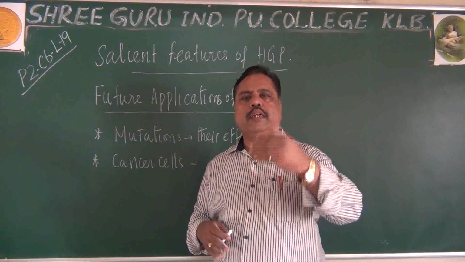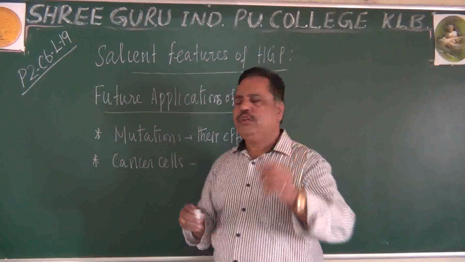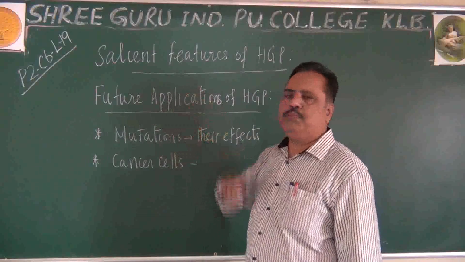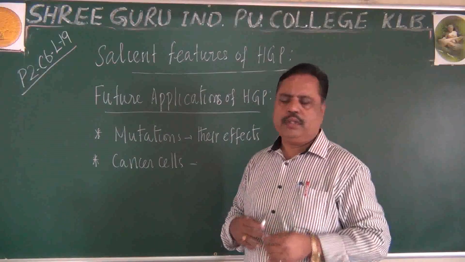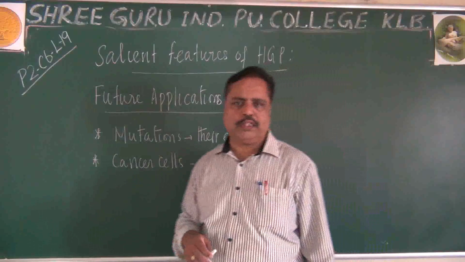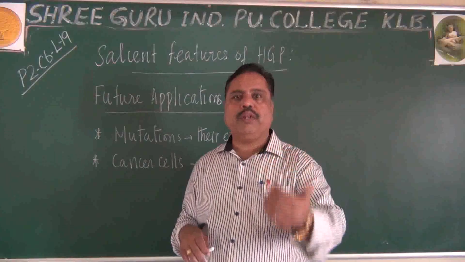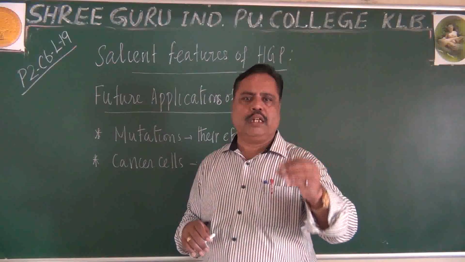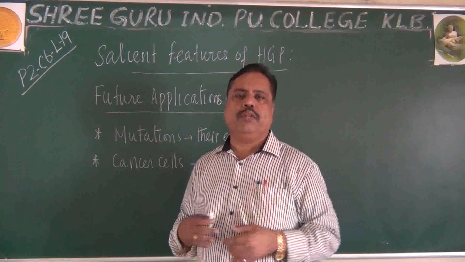So it will create a tumor. So in tumor cells, how the genome behaves, what modification it has undergone, we can find out. When you understand that genetic level, molecular level modification, you can try to prevent it by using some medicine or other things, so that the origin of cancer can be prevented.